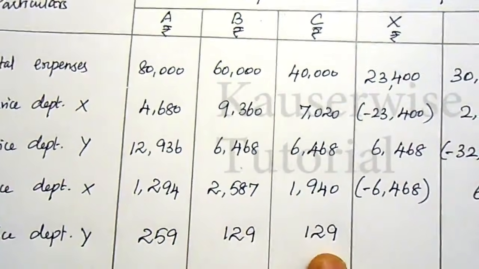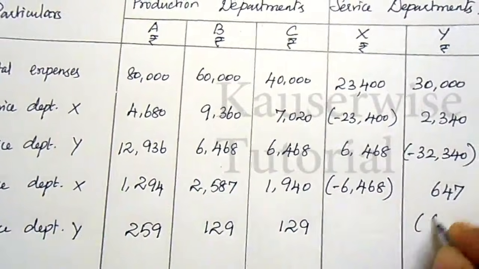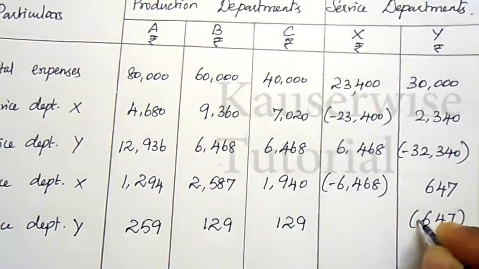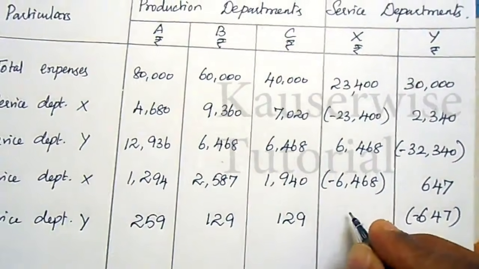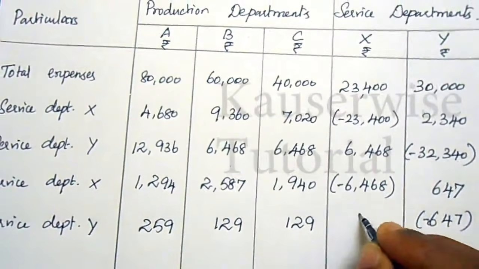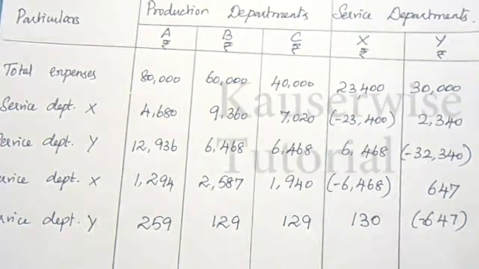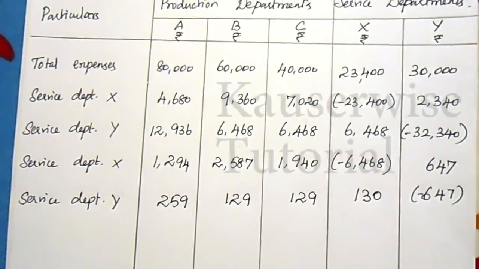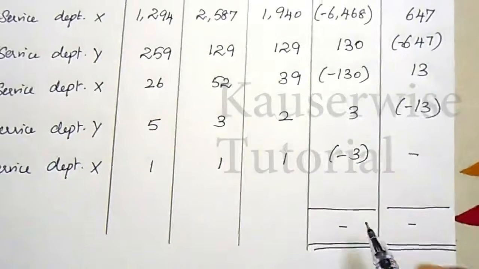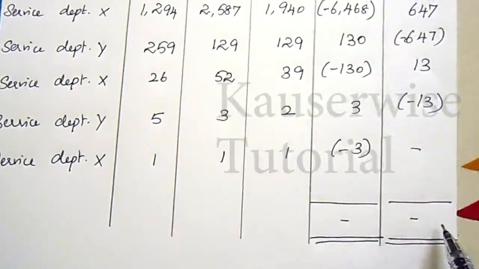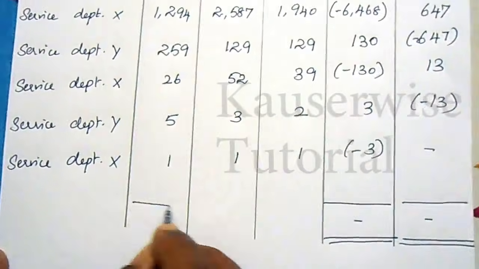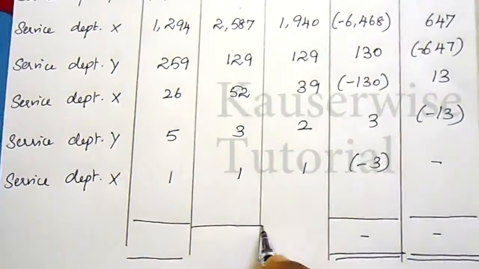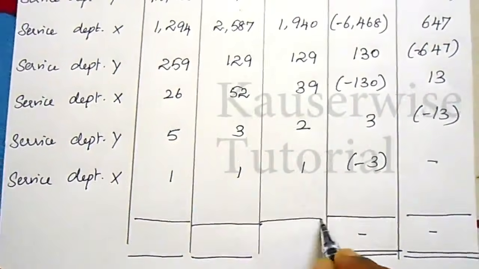Now get the total and subtract from 647. Balance we have 130. That extra 1 rupee can be given to X. Repeat the same procedure until we exhaust the entire service department cost. Now get the total. For service department X and Y nil value. The entire amount is distributed to A, B, C according to the ratio. Now get the total for A.